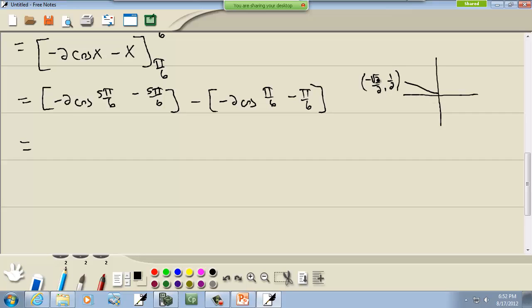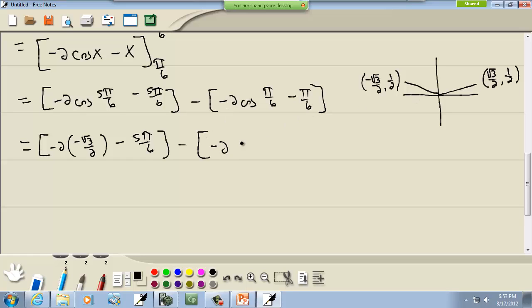So cosine is our x part, which is this. So we're going to have negative 2 times negative square root of 3 over 2 minus 5 pi over 6. And cosine of pi over 6. Over here, we're square root of 3 over 2 and 1/2. Cosine is our x part, so this is square root of 3 over 2. We already have a negative 2 in front of it, though. Square root of 3 over 2 minus pi over 6.